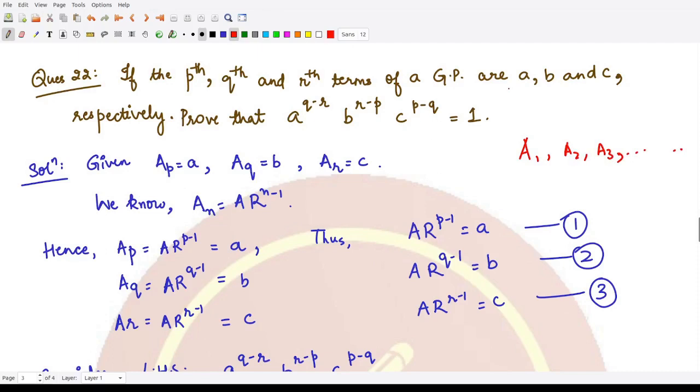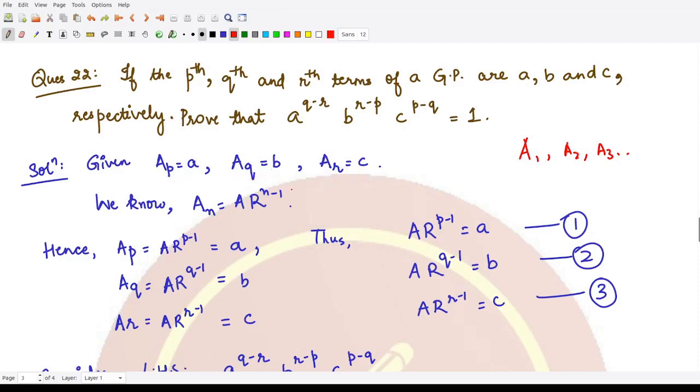Because here a has already been taken in the symbols of this question and small r has also been taken as the symbol of this question. So we are taking capital A as the first term and capital R as the common ratio. So here the pth term, that means Ap is given to be small a, the qth term is given to be small b, and the rth term is given to be small c, right?